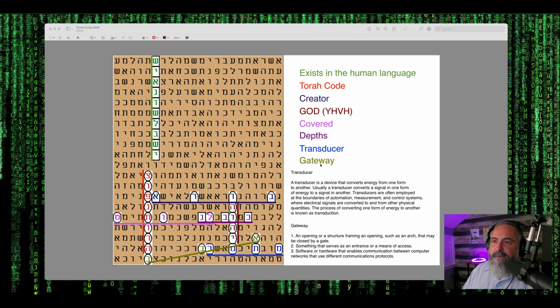And then, of course, the word gateway. It is an entrance. The Bible itself and the code contained within it is an entrance, a gateway to understanding our reality. At least that is my interpretation.